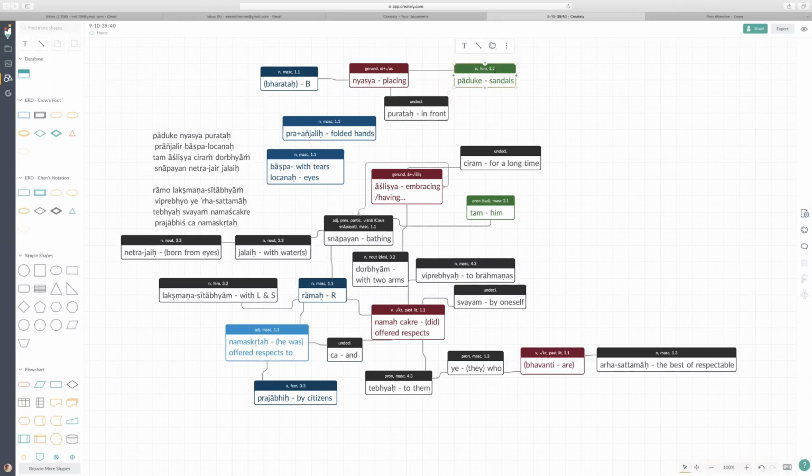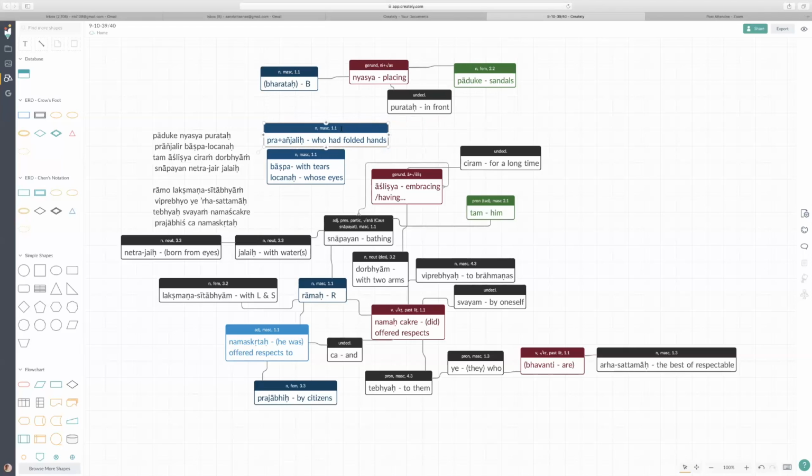Now we need to complete the sentence because we just have a gerund, which doesn't complete the sentence. So placing in front of him, and then there are the descriptions of Bharata, who had folded hands and whose eyes were with tears. So what do you do about it?